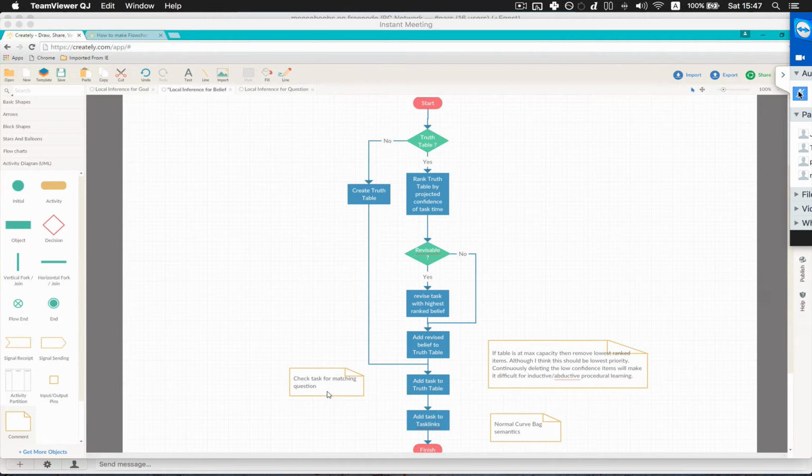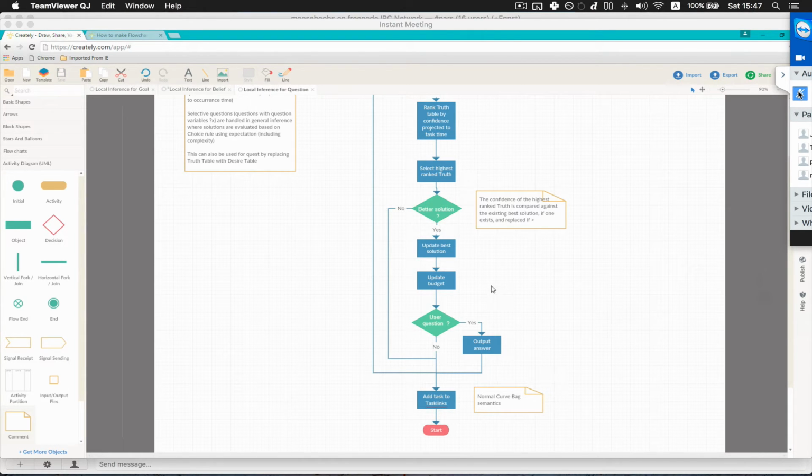Eventually, I found I didn't need that to maintain this list. I mean, we can do it that way because it's not a huge issue. But I found that just maintaining the answer inside the task itself, if it's a question task, and updating the task directly with the next best answer worked. But as you say, I'll go on.